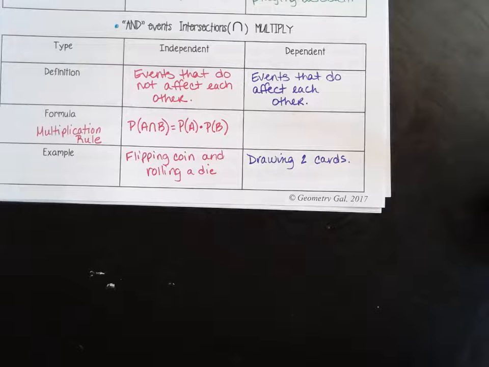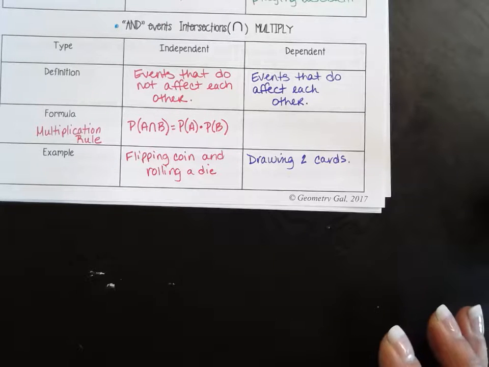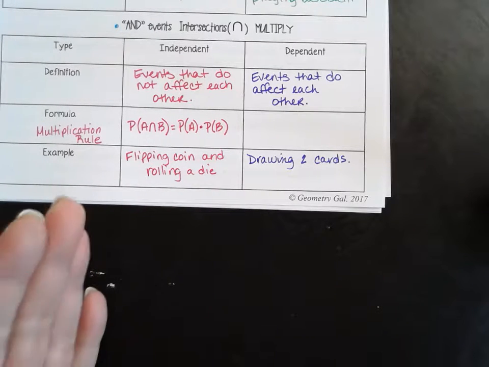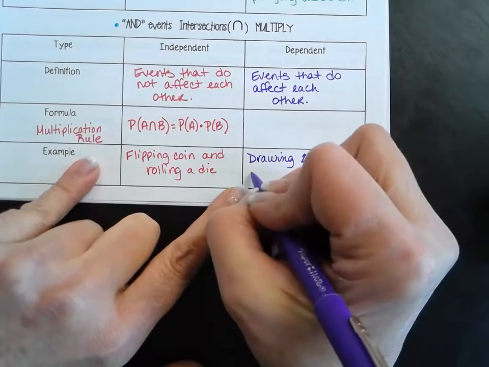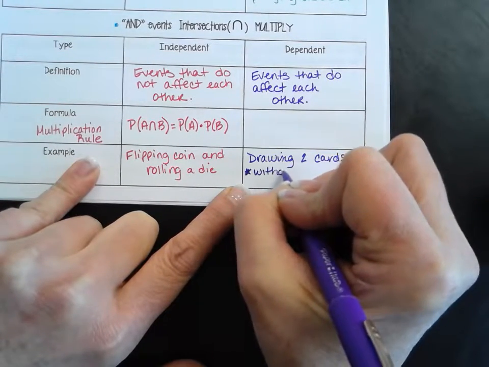Okay, there's 4 aces and there's 52 cards. But let's say I draw the card out and I don't replace it. That affects the probability the second time because now I only have 51 cards. All right, so that's what's called without replacement.